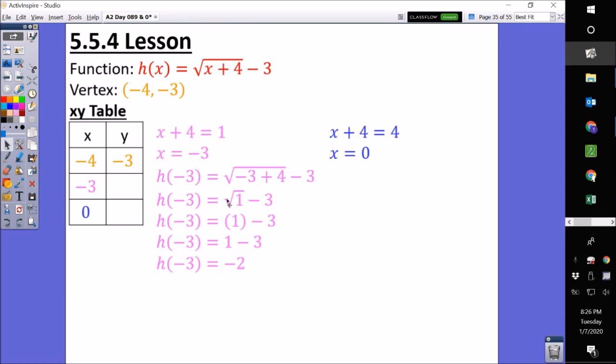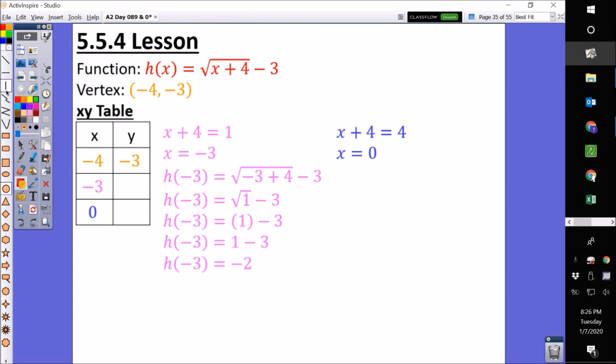And in this case, since we have a square root of 1, the square root of 1 is 1. Since we're solving, we only need to find just the one root, which is the positive root. So positive 1. Now here, I have included parentheses.